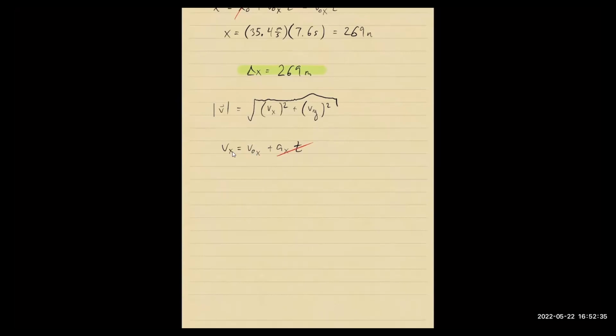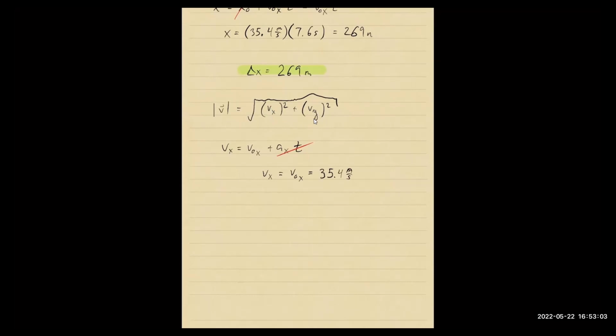So our final velocity's x component is simply equal to our initial velocity's x component. How fast the ball is traveling in the x direction does not change. And I believe this was equal to 35.4 meters per second. Good, so that's this component here.